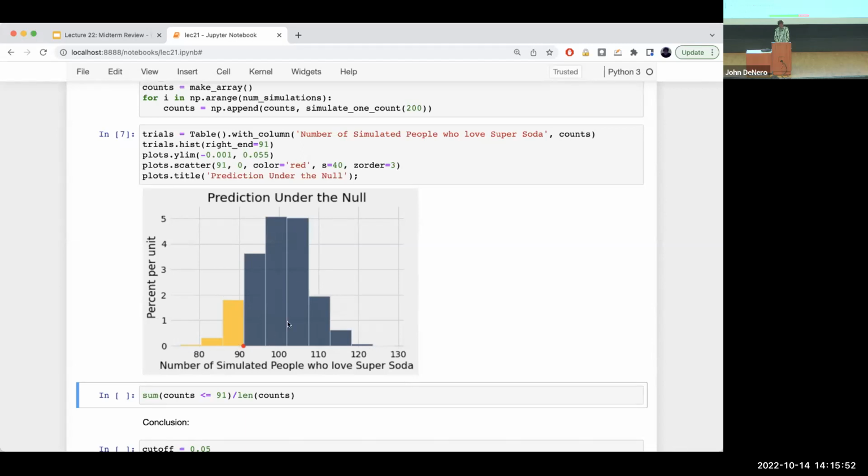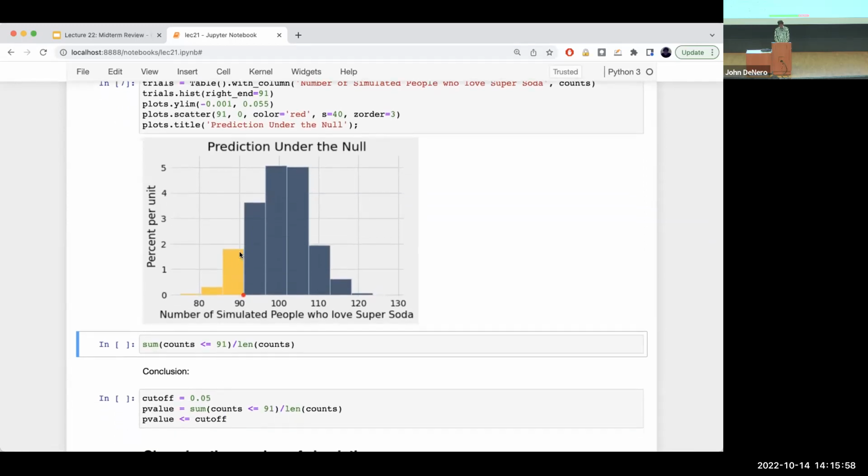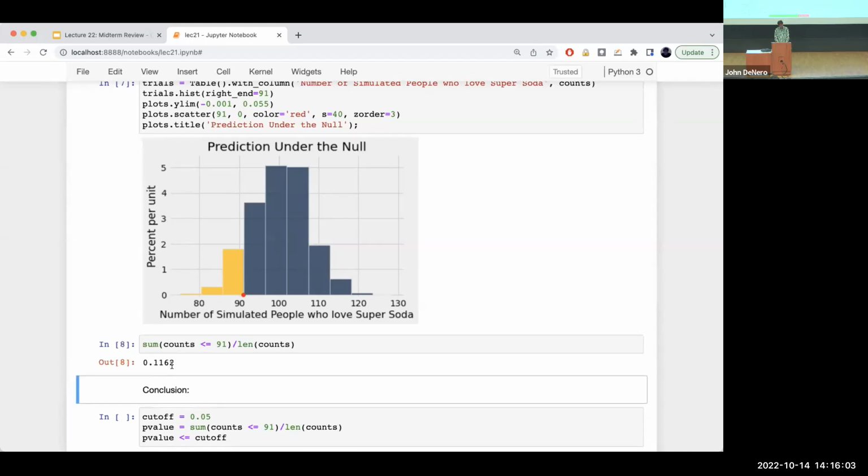And we found that it was usually around 100, but it wasn't so uncommon that it was 91 or less. In fact, the fraction that were 91 or less was 11%, which is kind of small, but is not so small that we could reject the null hypothesis. We were looking for 5% or less, and that's not what we got.